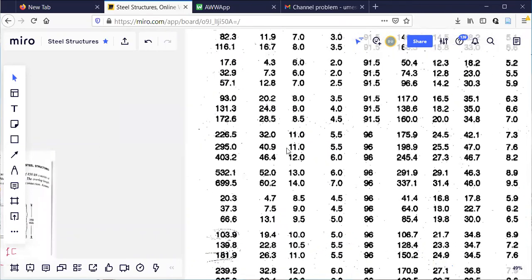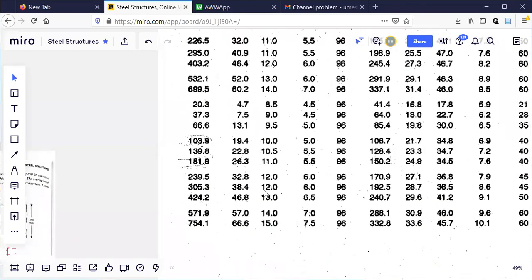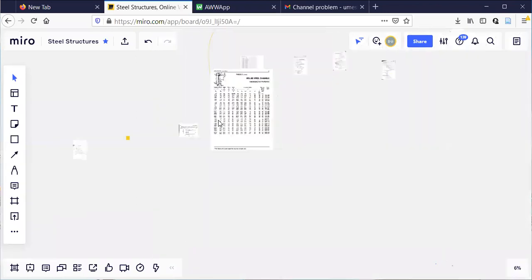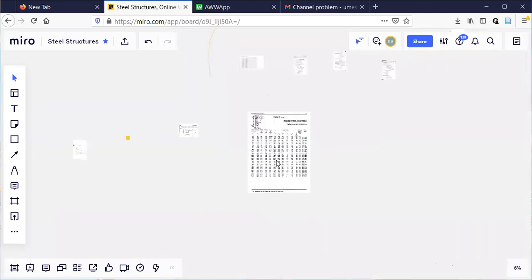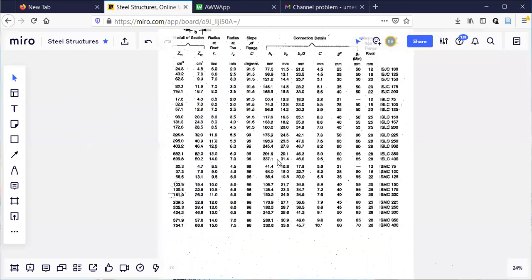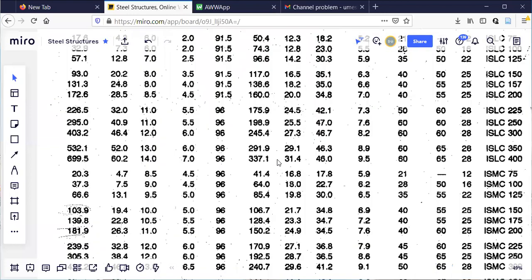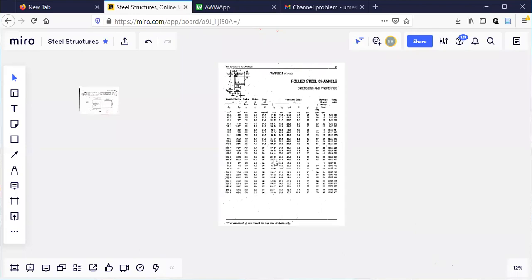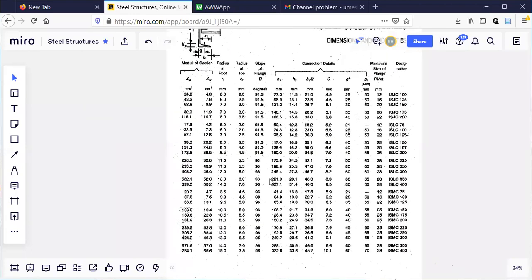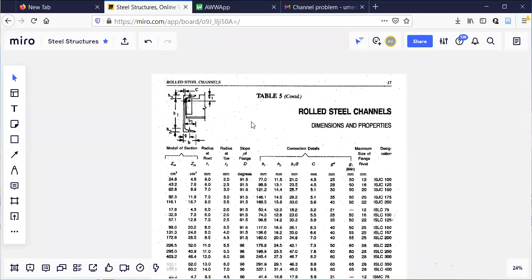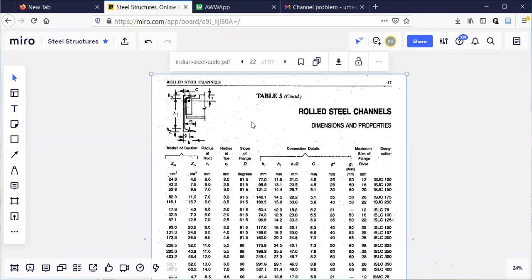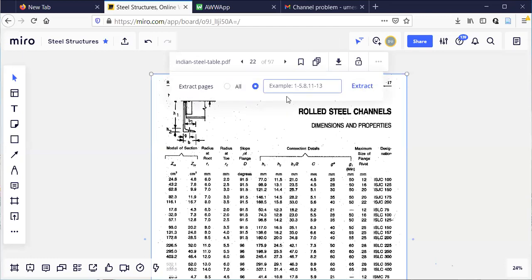So ISMC. I will extract page number 21, 22.